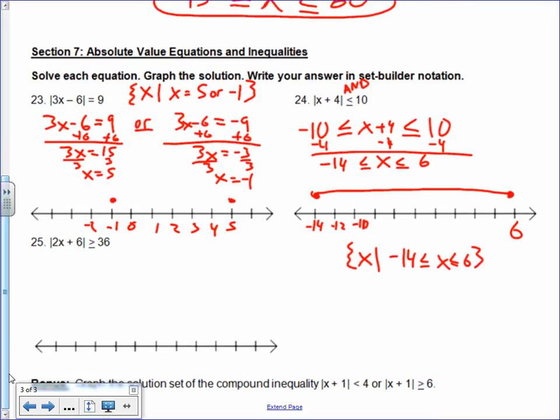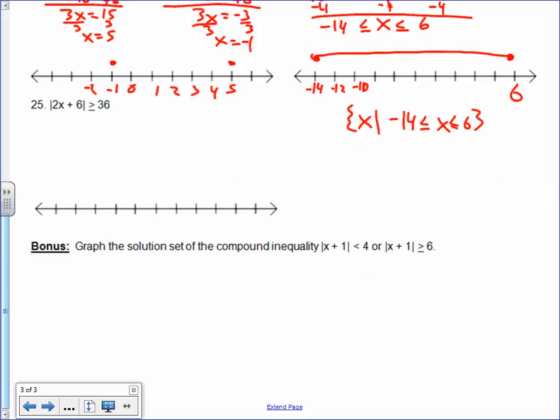And the last one, number 25. 25 is greater than, so that means this is going to be an or. So we're going to do 2x plus 6 is greater than or equal to 36, or 2x plus 6 is less than or equal to negative 36. And then you have to solve each one and graph them.